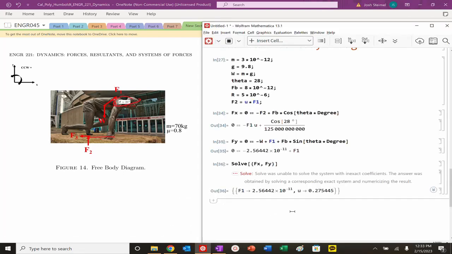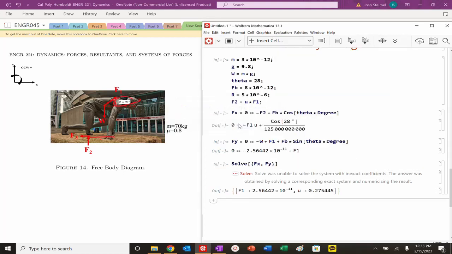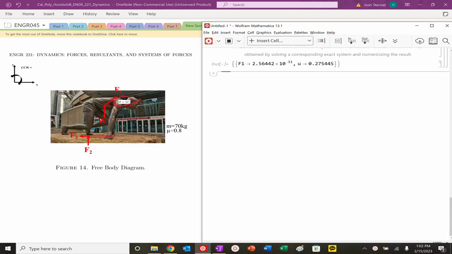So I'm going to, once again, quit my kernel. I'm now going to go ahead and start to do some mass. So let's do sprinter.